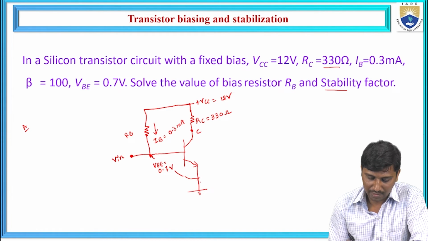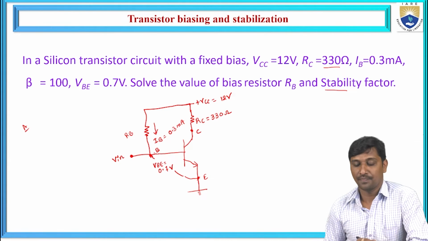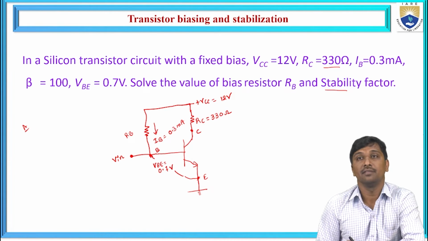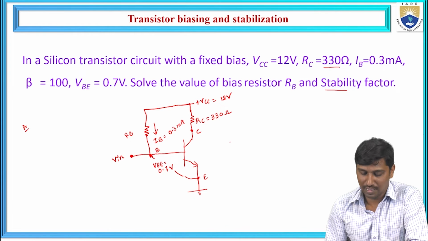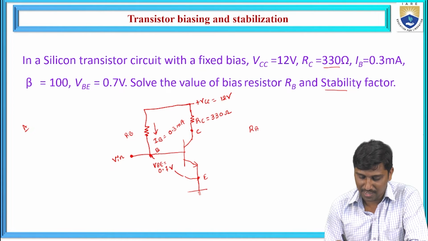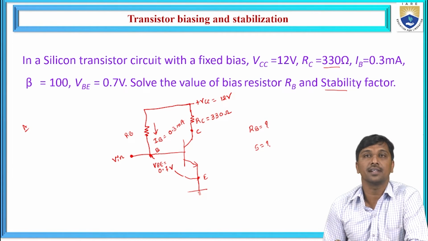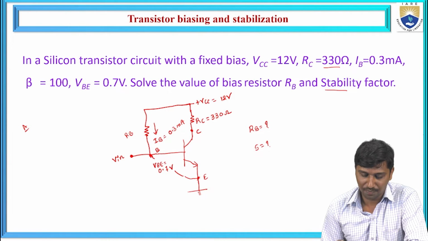Let us take this as collector and emitter, and this as the base. From this, we need to calculate how much base resistance is required and how much stability factor is offered by this circuit.